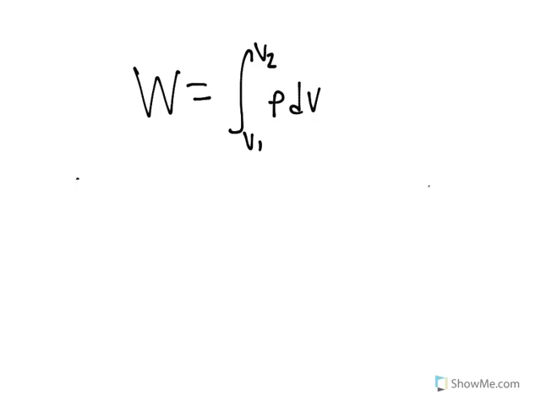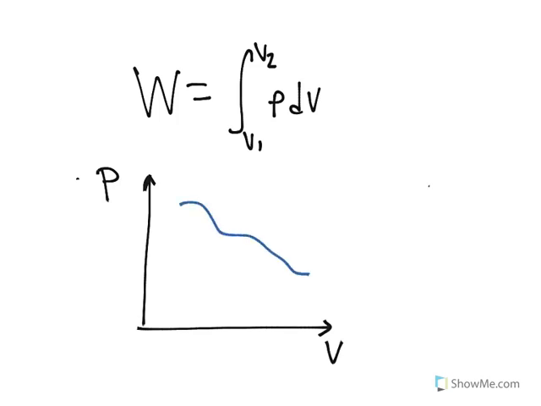Work is an integral. So for instance, if we have a graph of volume and pressure, and there is any given process happening that goes from volume 1 towards volume 2, well, if the process goes in that direction, then it's going to be positive.